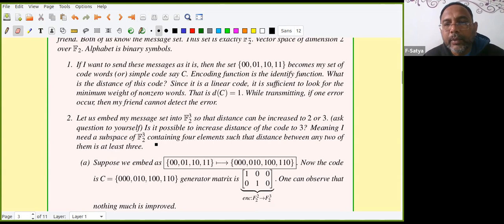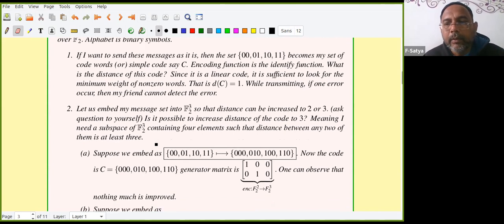What is the distance of this code? Since it is a linear code, it is sufficient to look for the minimum weight of non-zero words. The minimum weight is 1, so the distance of the code is 1. If one error occurs while transmitting, then my friend cannot detect the error.